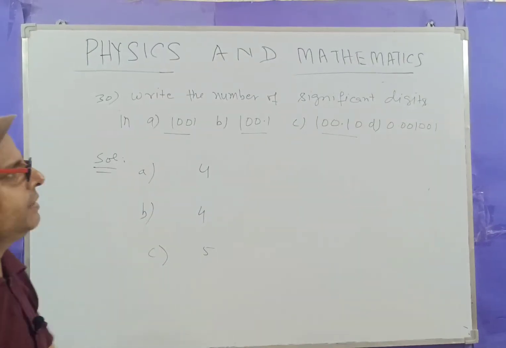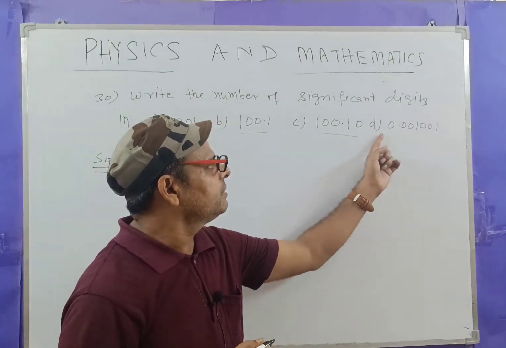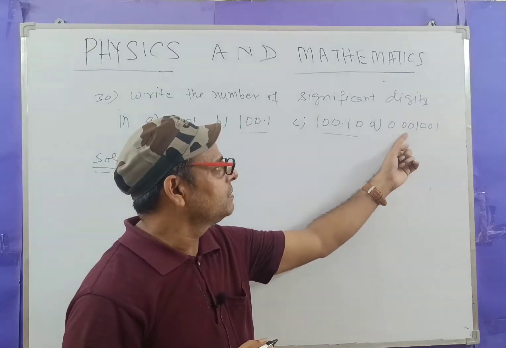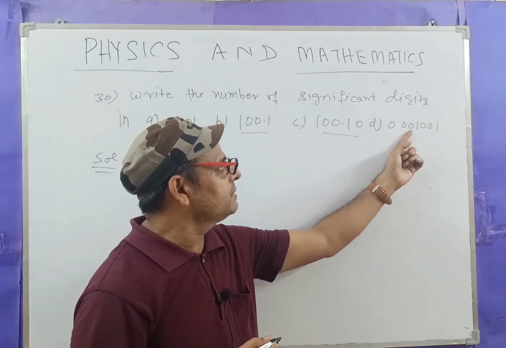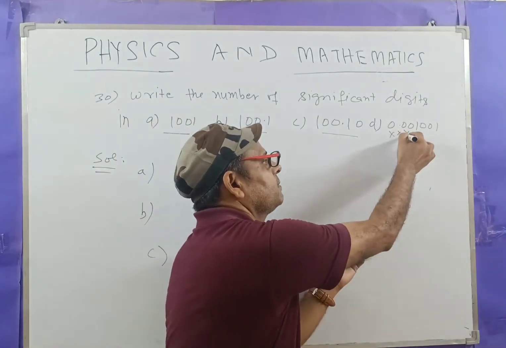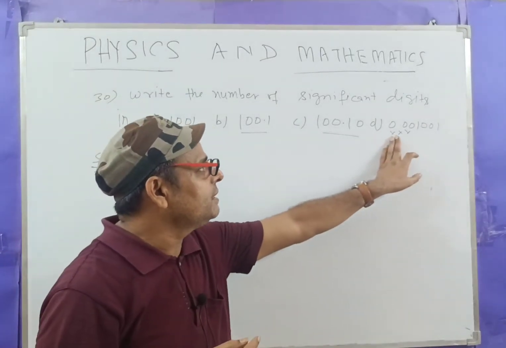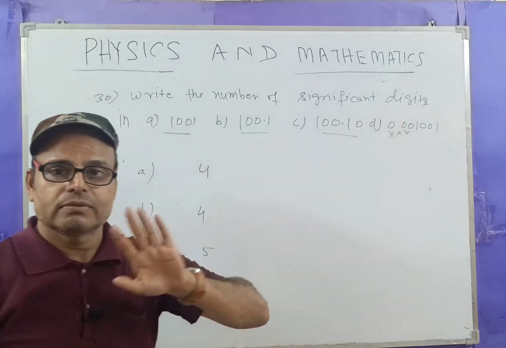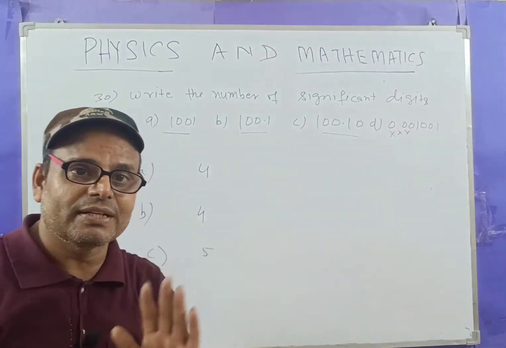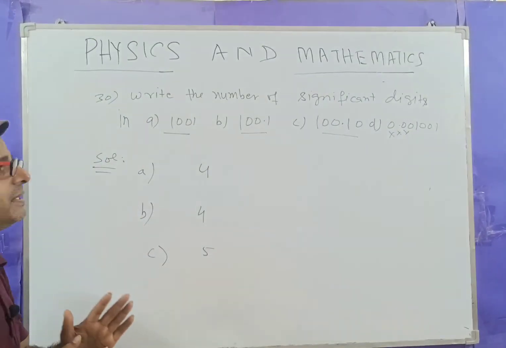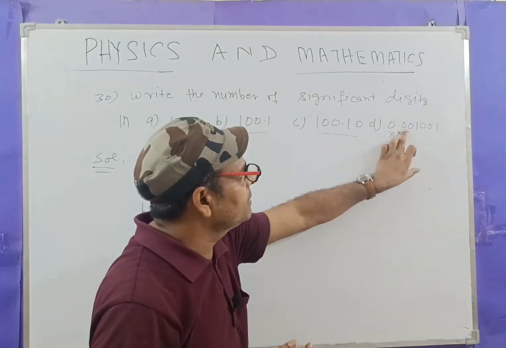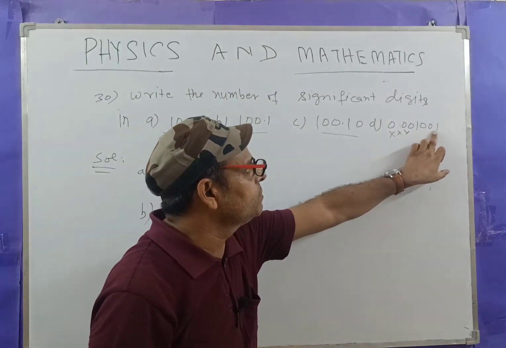And now come here, the beginning 0. This 0 has no significance, because as per the rule of significant figures, the initial 0 will have no significance. That will not be significant. So after the decimal, this 1, 0, 1, 0 makes 4.